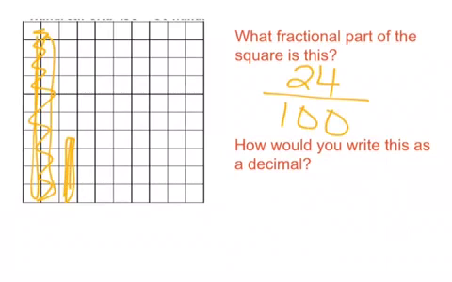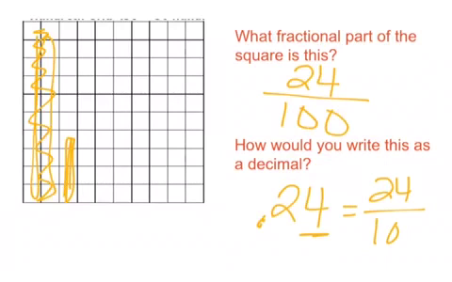So my fraction would look like 24 over 100, and if I wrote it as a decimal, it would be 0.24, with my 4 in my hundredths place. So 24 hundredths, 24 over 100.